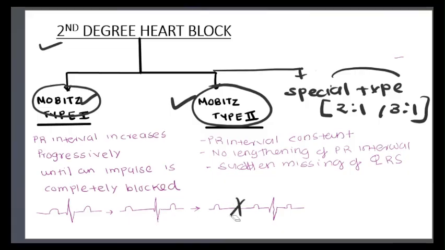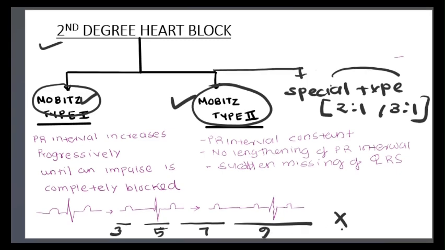But with that, if you notice, there is progressive prolongation of the PR interval before missing of a QRS complex. Let's say this PR interval is 3 small boxes, here it becomes 5, here it becomes 7, here it becomes 9.